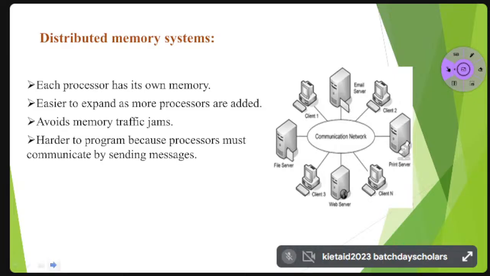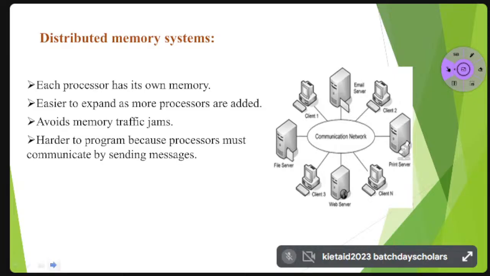It avoids memory traffic jams. In most cases there is no memory traffic jam because we are not accessing common memory. It is mostly accessing its own memory, and only sometimes we are requesting others. So during that time, most of the time, memory congestion cannot happen.